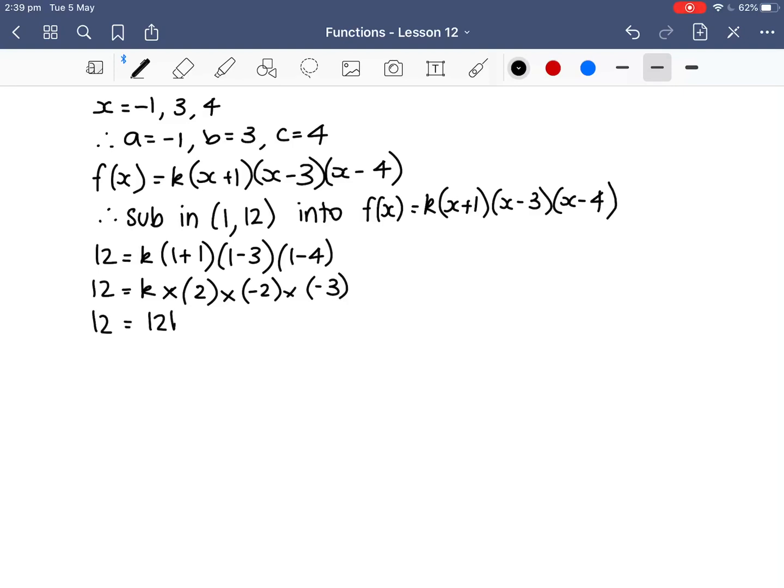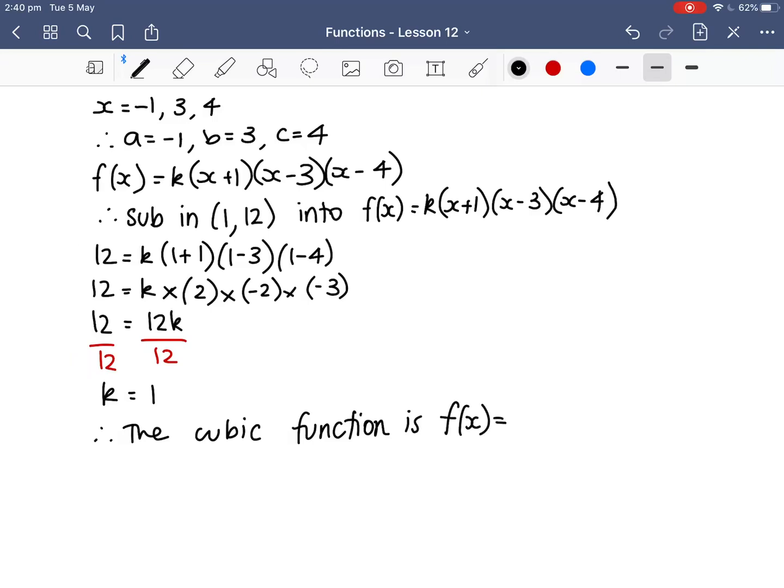So that means 12 equals 12k. So we're going to divide both sides by 12. And we get our k equaling 1. So therefore, our cubic function is f of x equals 1 bracket x plus 1, x minus 3, x minus 4.